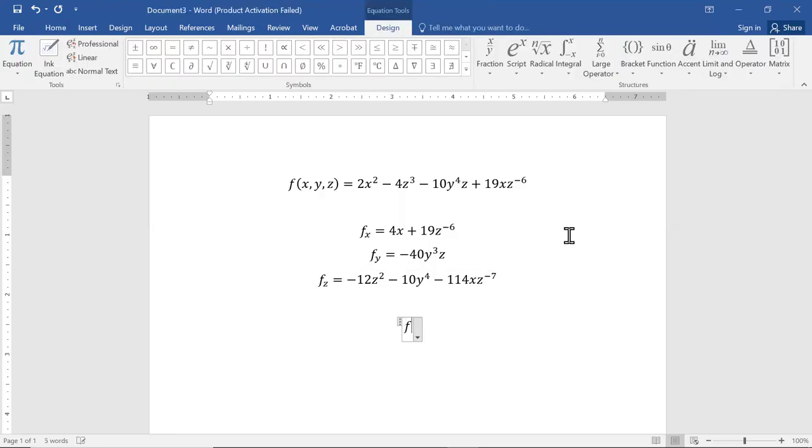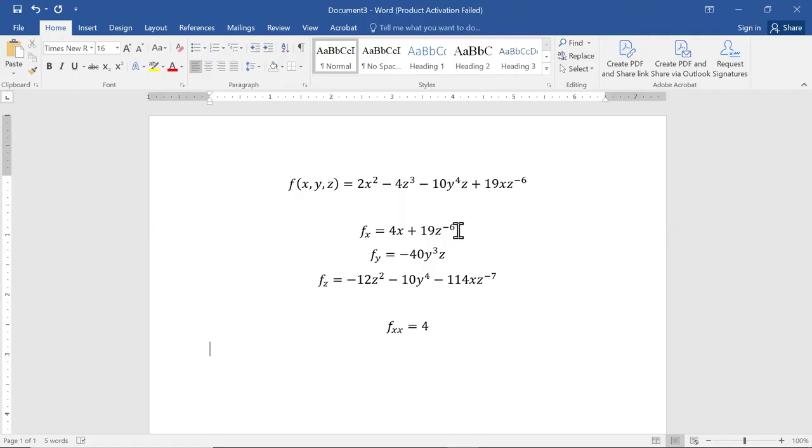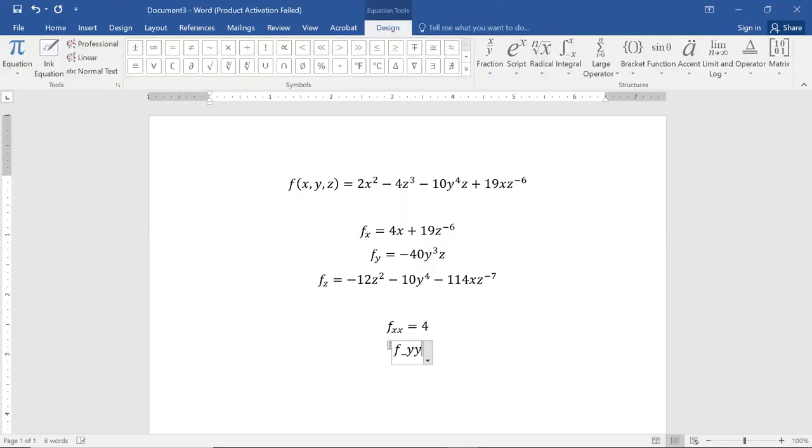Now let's look at my second derivatives. I'll start out doing f sub xx. F sub xx: well, 4x, derivative of that is 4. Derivative of 19z to the negative 6 is 0. Let's do f sub yy. The derivative of this with respect to y is going to be negative 40 times 3, which is negative 120 y squared z to the first.